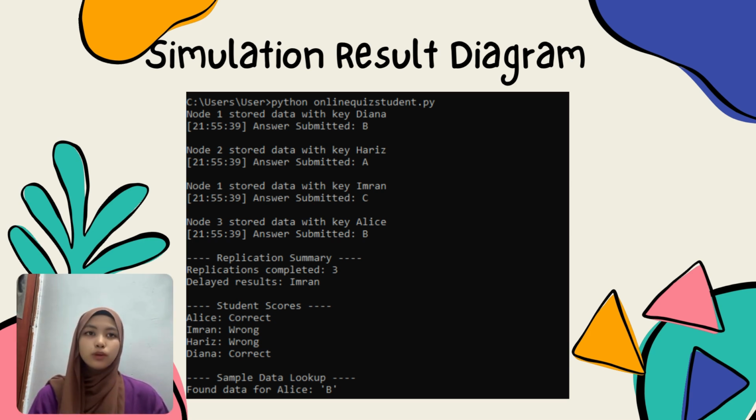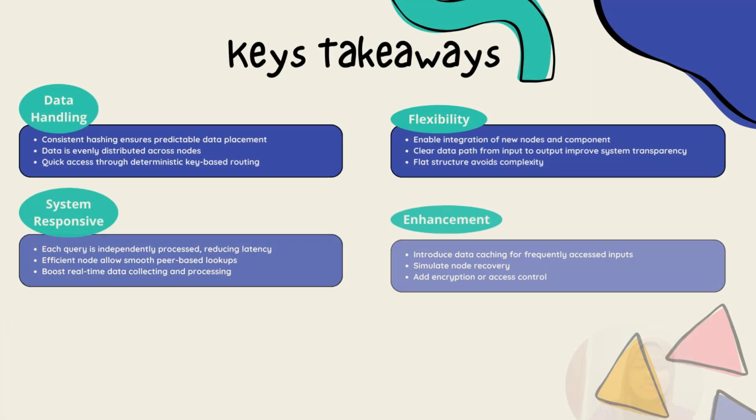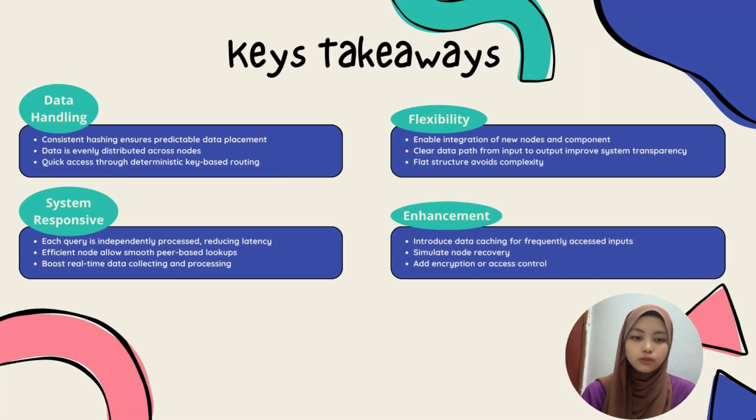Next, evaluate correct answer. After the data is stored and replicated, the system will evaluate the right answer. For the key takeaways, we have learned about efficient data handling, where consistent hashing ensures predictable data placement. The data is evenly distributed across nodes, with quick access through deterministic key-based routing.